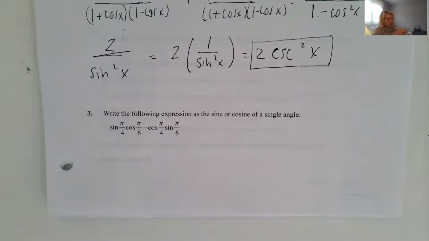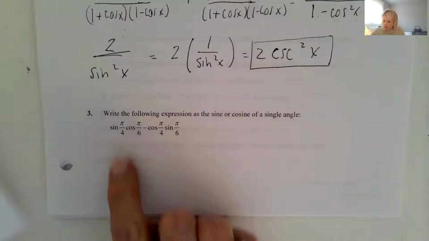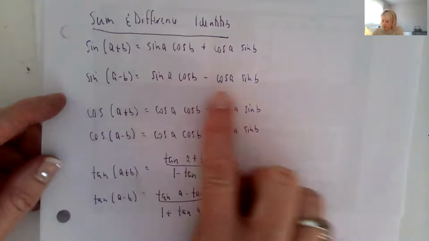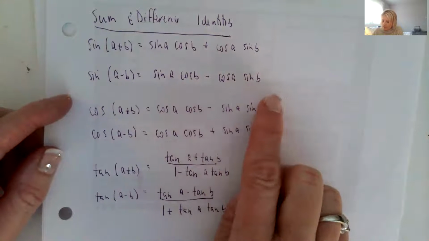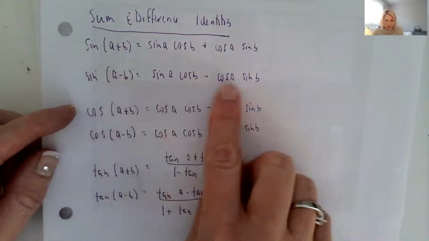Let me get my sheet so we can look that over together here. So it's sine cosine minus cosine sine, sine cosine minus cosine sine. So it's the sine of a difference angle, sine of A minus B.